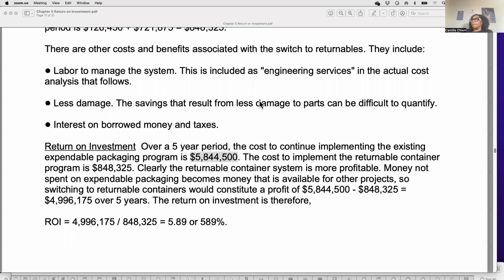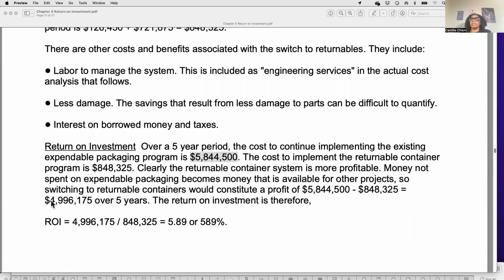Close this. Okay, so what you can do to make your calculation, the profit, again, that's where I showed you the profit, where you take the 5.8 million, 5,844,500 minus the cost of the returnables, which was 848,325, and you're going to get 4,996,175.